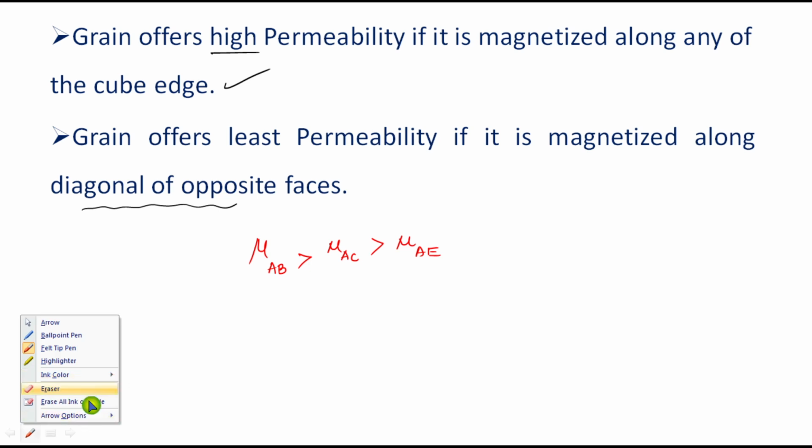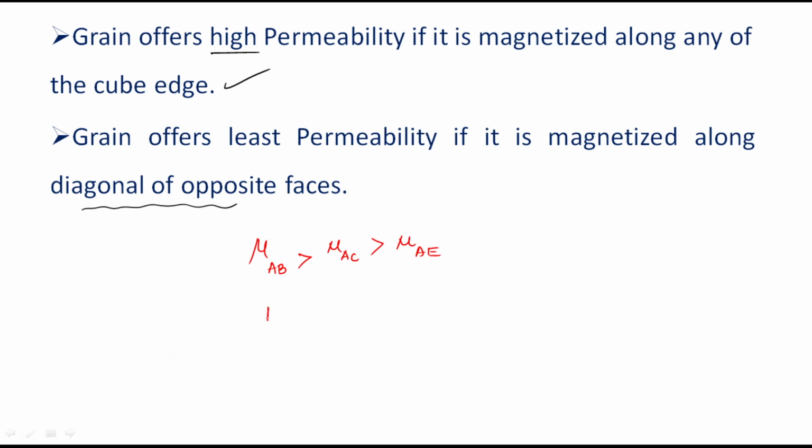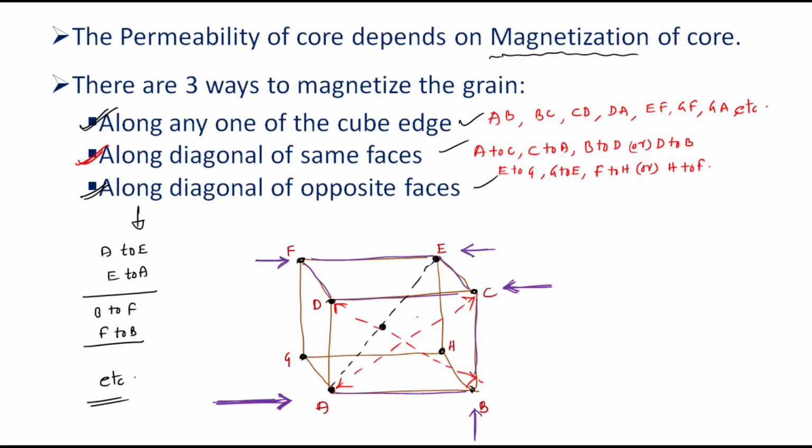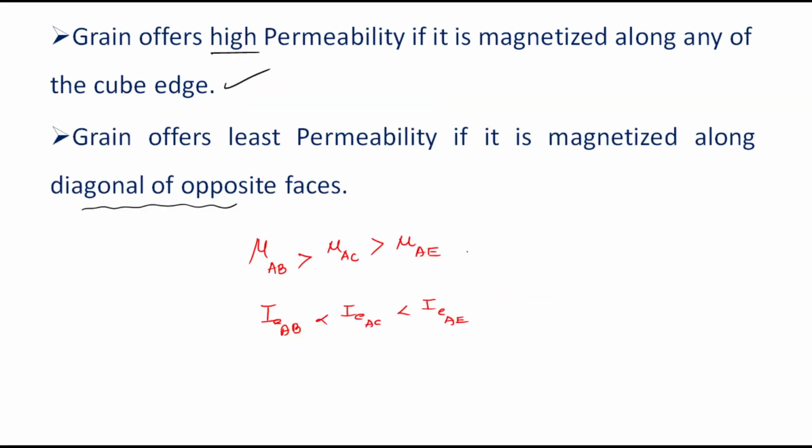Coming to excitation current, I_EAB is less than I_EAC, which is less than I_EAE. If the permeability is more, obviously the excitation current required to get the required flux is very less.